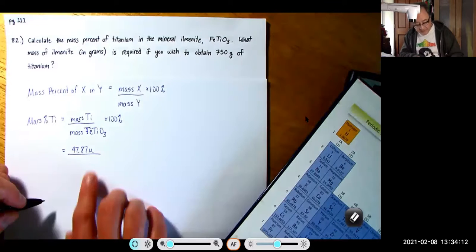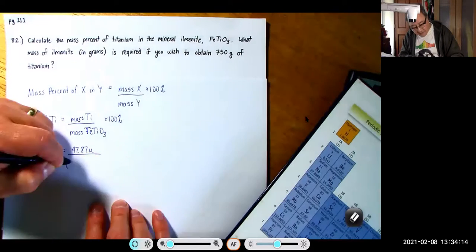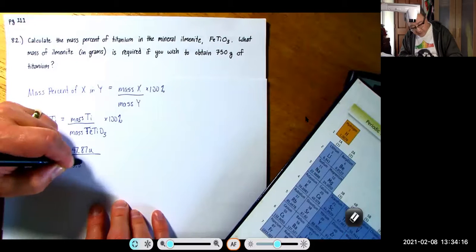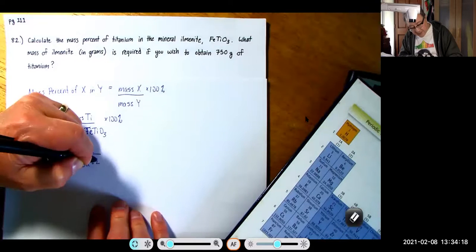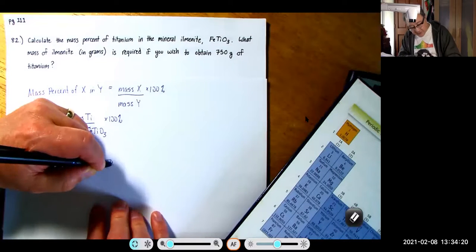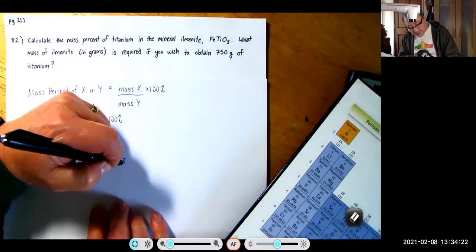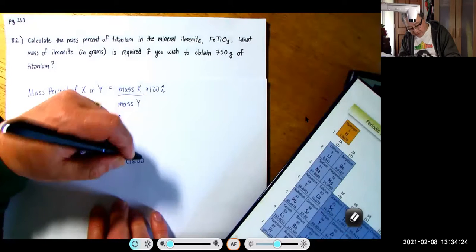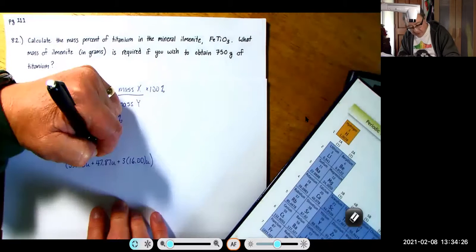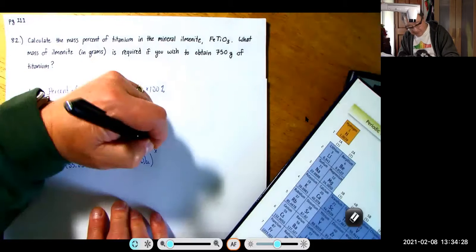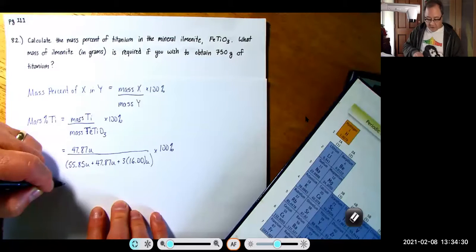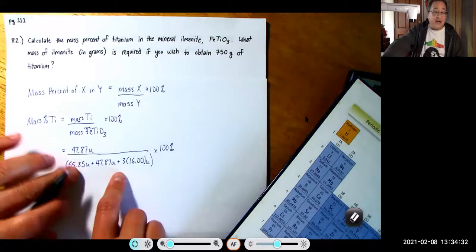And the mass of this is going to be 55.85 U plus 47.87 U plus 3 times 16.00 U. And all of that times 100%. So you can see all the units cancel out.